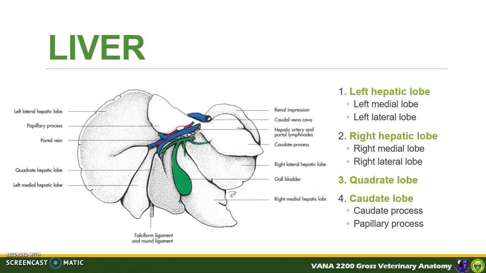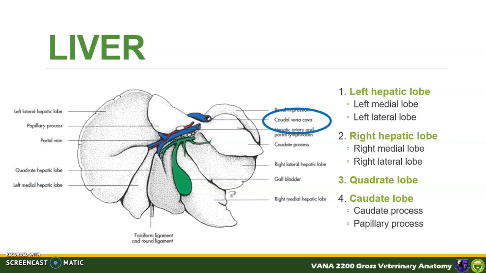Thus, the liver has a left lateral hepatic lobe, left medial hepatic lobe, right lateral hepatic lobe, and a right medial hepatic lobe. Likewise, the caudate lobe is further subdivided into processes forming a papillary process and a caudate process, while the quadrate hepatic lobe remains undivided.